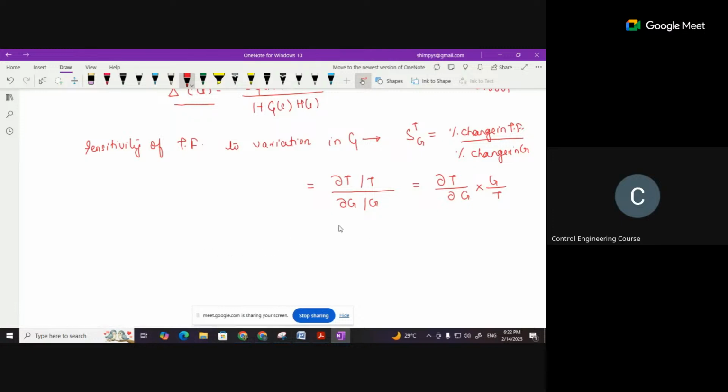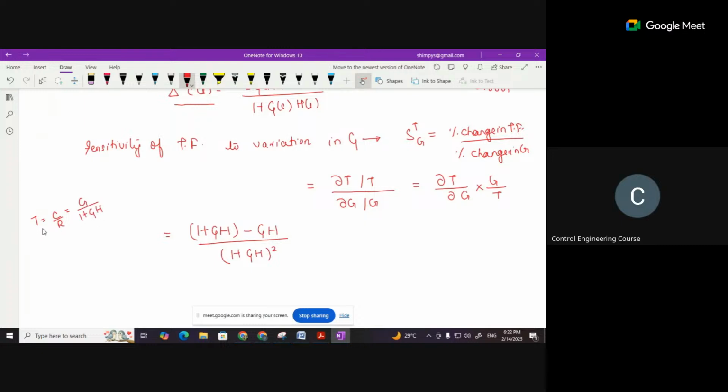So I can now write down this del T by del G as 1 plus GH minus GH by 1 plus GH whole square. From where does it come? We have T as C by R, that is T of s, C(s) by R(s), equal to G by 1 plus GH.